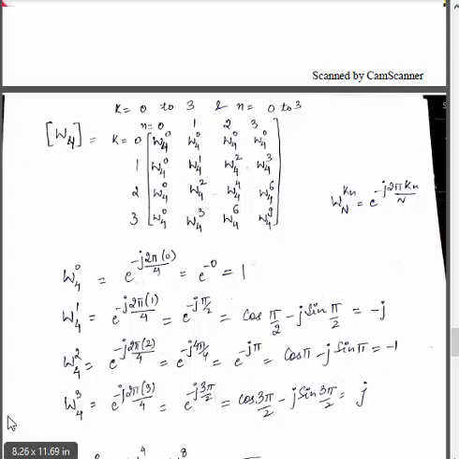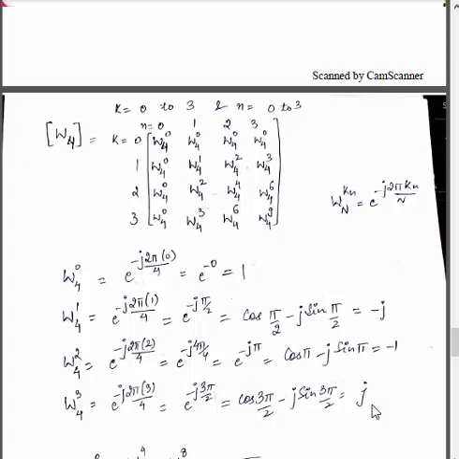And next is twiddle factor 3, e raised to power minus j 2 pi 3 by 4, which is e raised to power minus j 3 pi by 2. So cos 3 pi by 2 minus j sin 3 pi by 2. Cos 3 pi by 2 is 0, sin 3 pi by 2 is minus 1, and minus into minus is plus j.